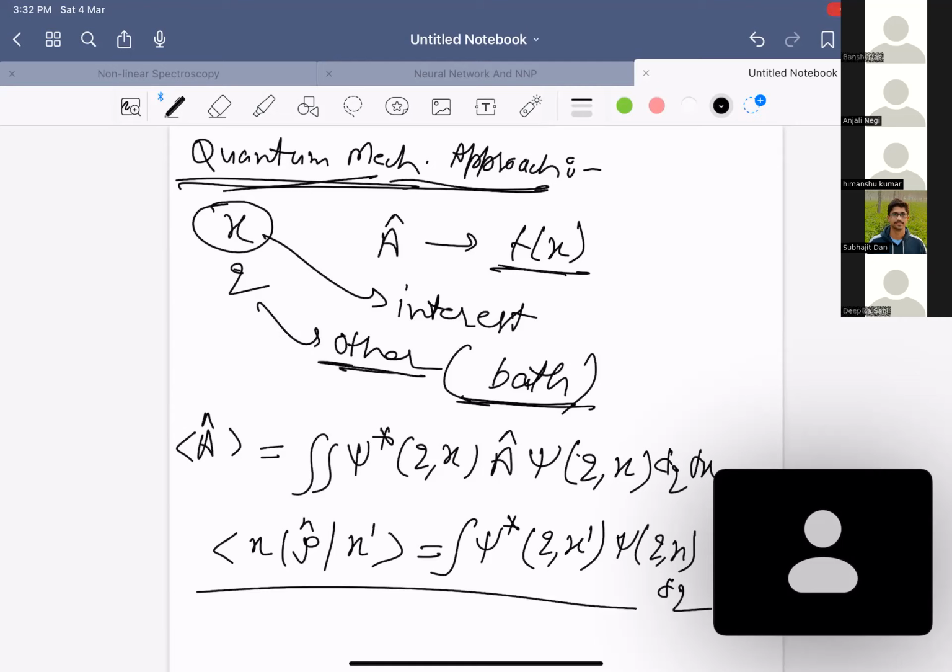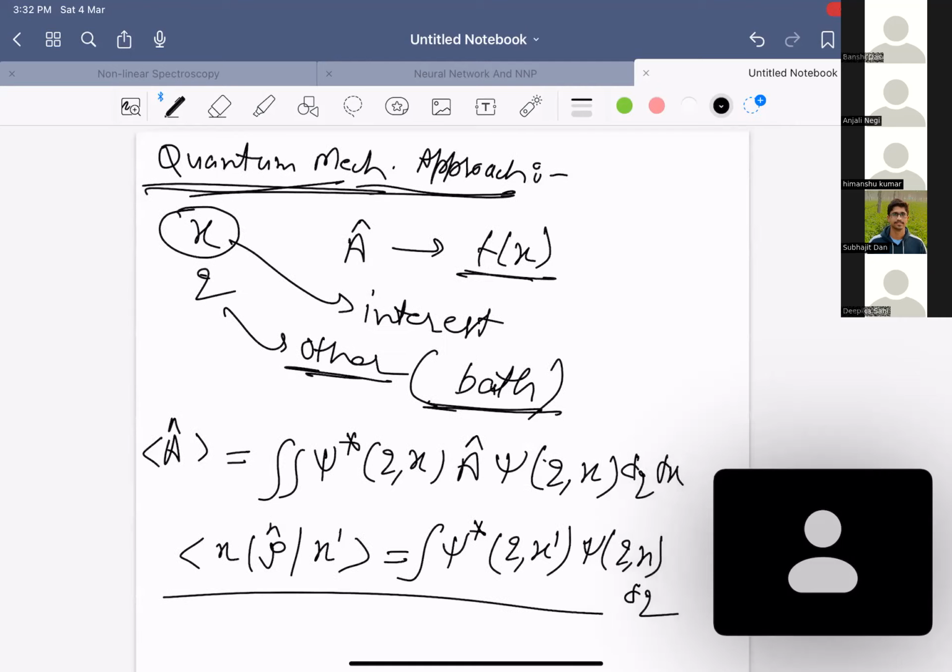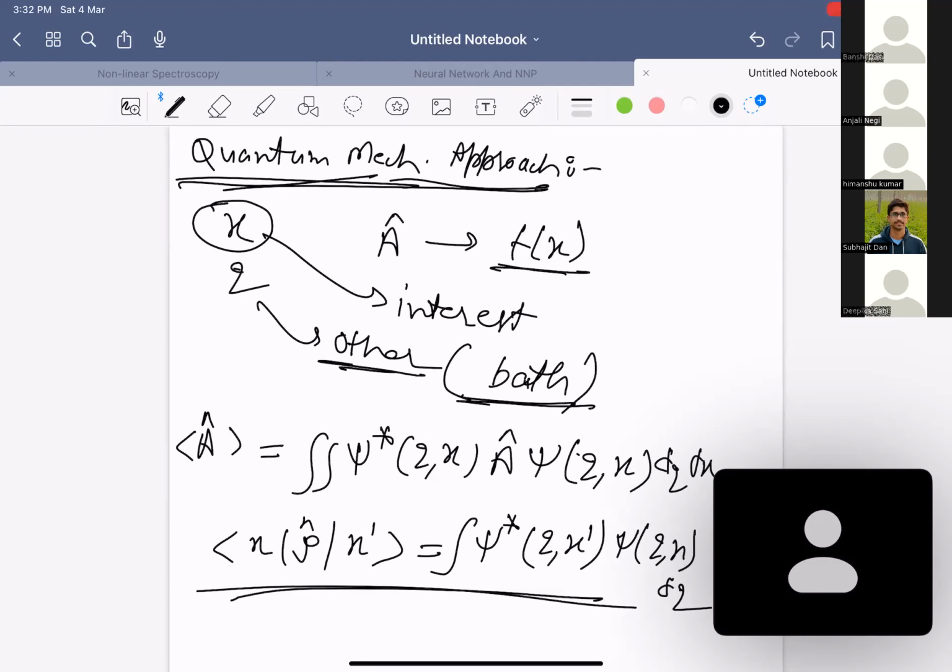So this is our equation for the density matrix. We have just defined it, and it only depends upon the x degrees of freedom.